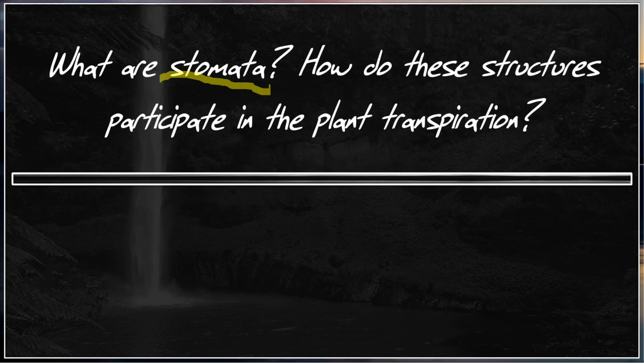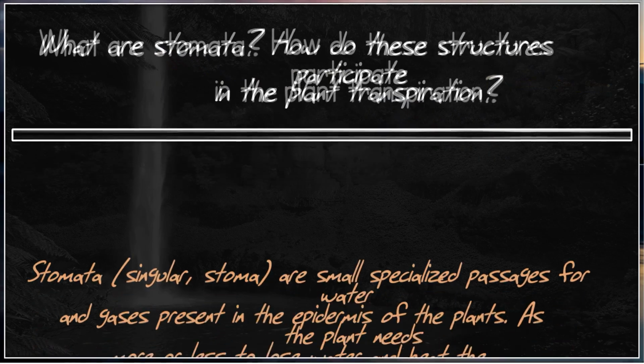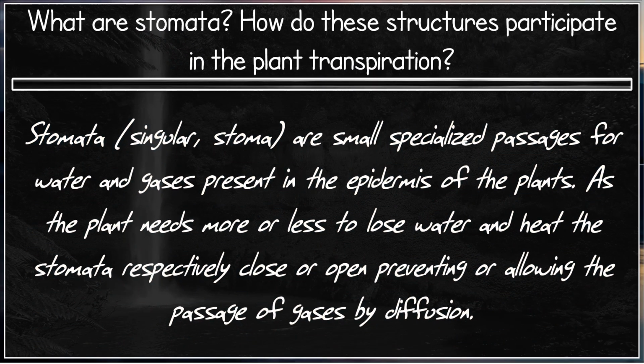What are stomata? How do these structures participate in plant transpiration? Stomata, singular stoma, are small specialized passages for water and gases present in the epidermis of the plants.